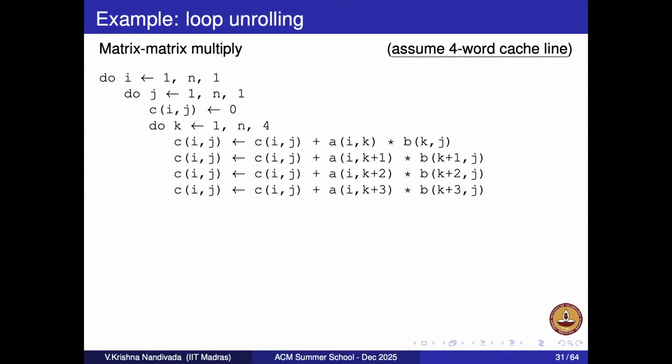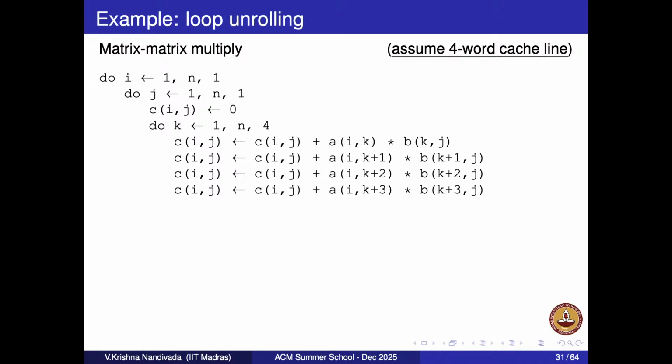And what about floating point operations? Has it changed? It hasn't changed. It's still 2 n cube, n cube multiply and n cube addition, 2 n cube floating point operations. Correct?